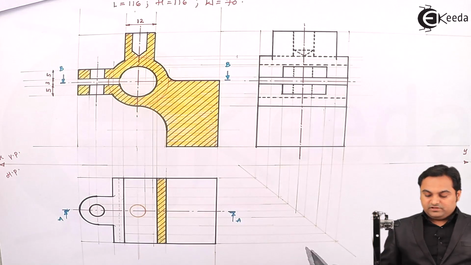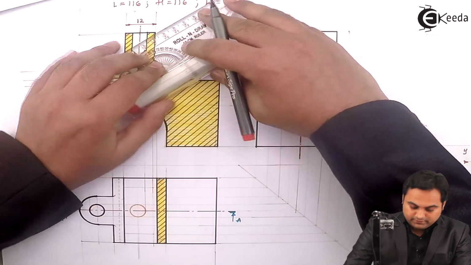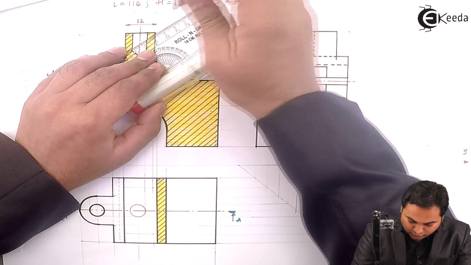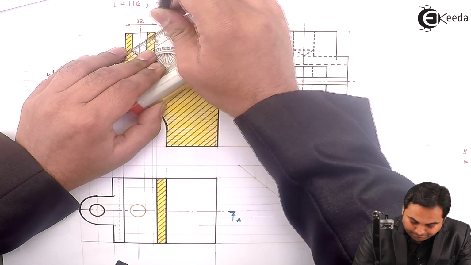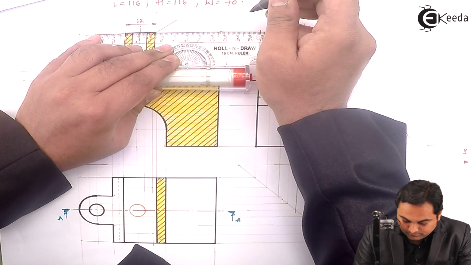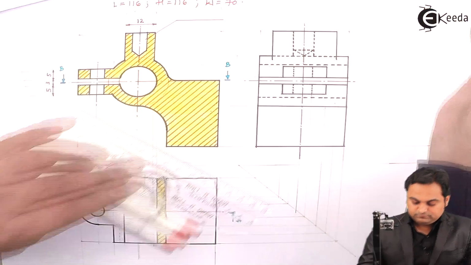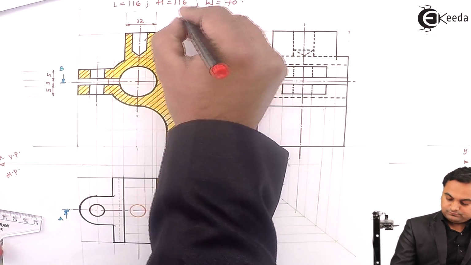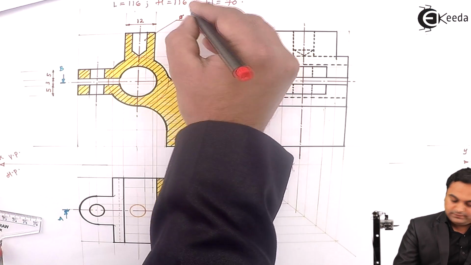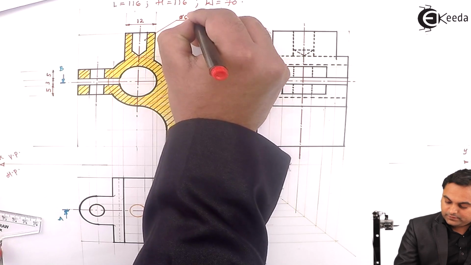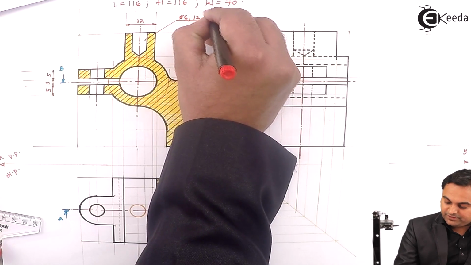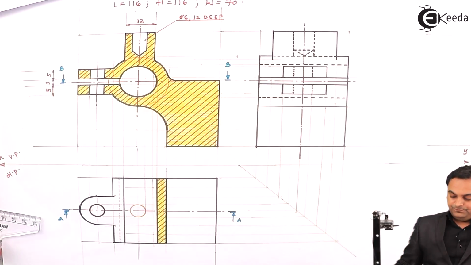Then this rectangle is having length of 12, and then this hole diameter 6 and 12 mm deep.